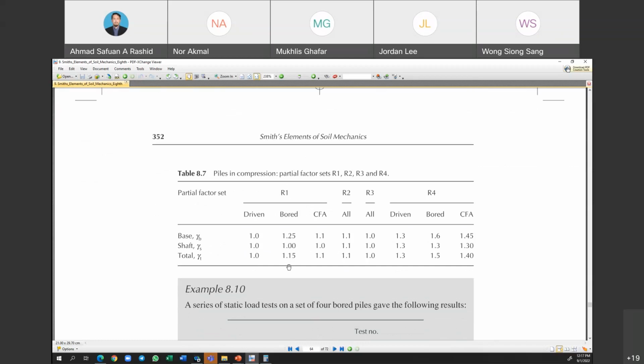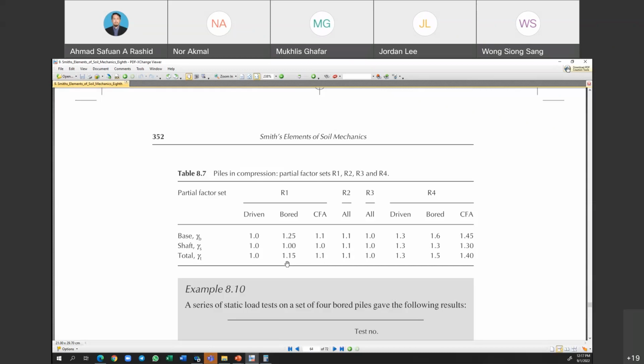Okay, I just noticed the difference between the MS standard and the EN 7 for the R1 for the bored pile. For the combined, the total gamma t, in the national standard they use 1.00, while for the R1 in this example they use 1.15.